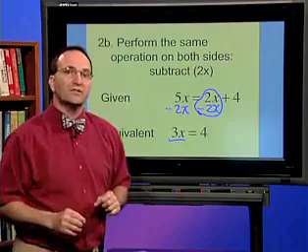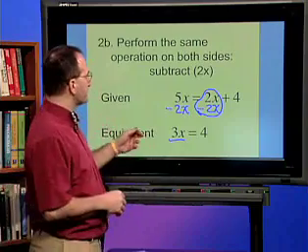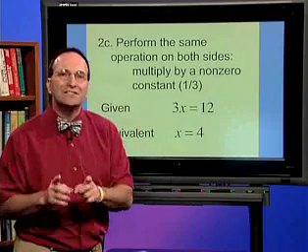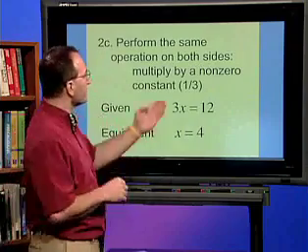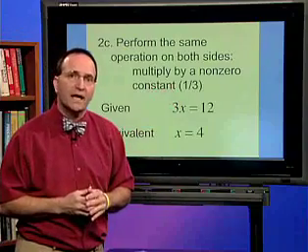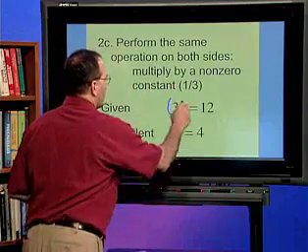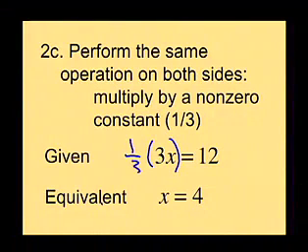Now what we're going to do is look at multiplication. If you multiply both sides by a non-zero constant, in this case, we're going to multiply both sides by 1/3. So to do that, I multiply the left side by 1/3 and multiply the right-hand side by 1/3.